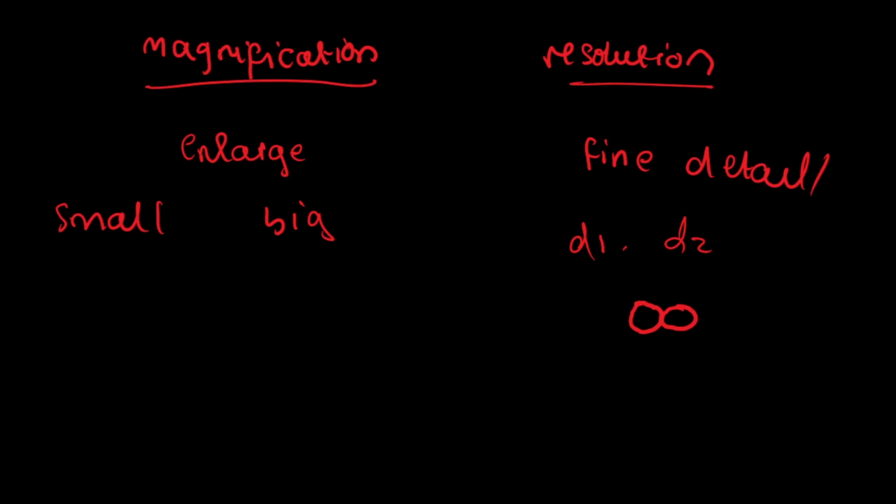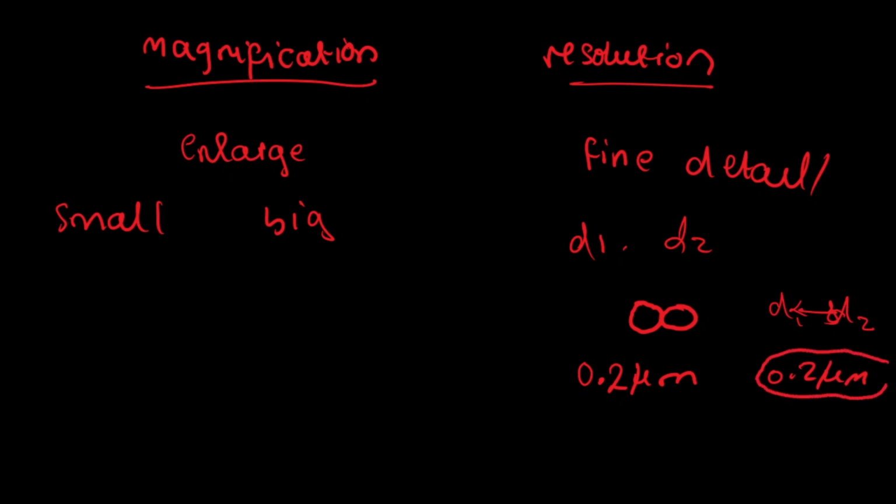Light microscopy has a limit of resolution, and the limit of resolution for light microscopy is 0.2 micrometer. So if we have two distinctive entities, detail 1 and detail 2, and the distance between these two details happens to be less than 0.2 micrometer, the light microscope would be unable to represent these entities as separate.